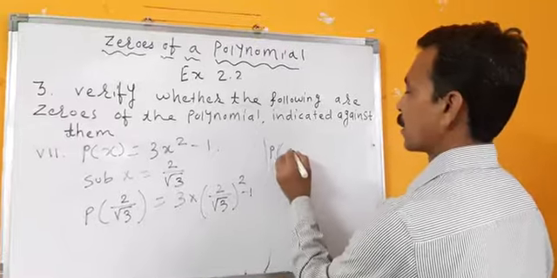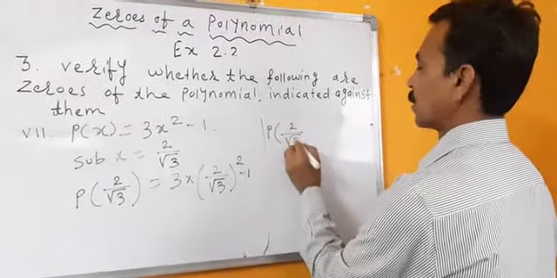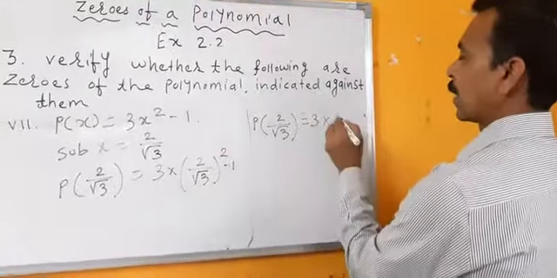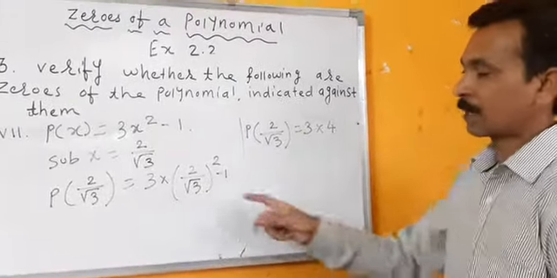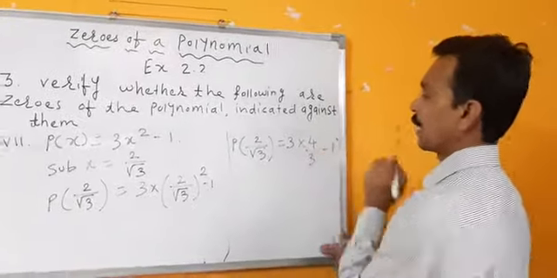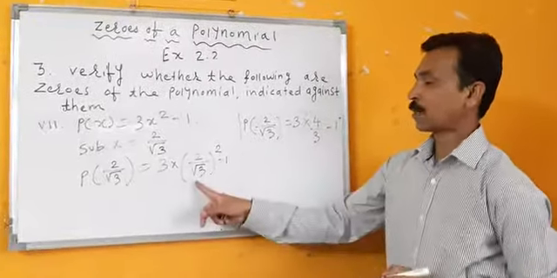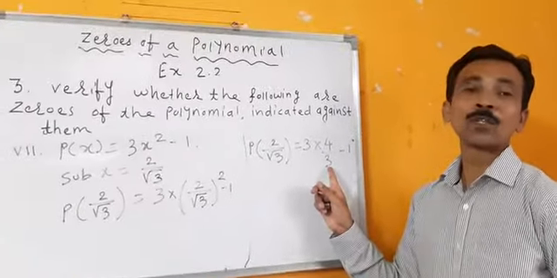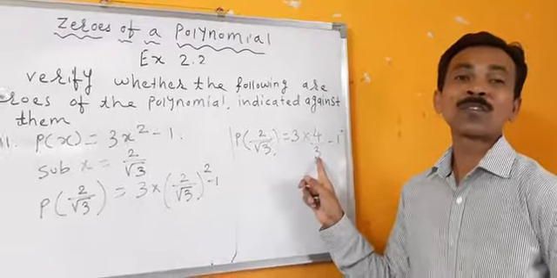So P of 2 by root 3 is equal to 3 into 2 square, which is 4, and root 3 square is 3, minus 1. Again I am telling you, the square of root 3 is 3 because root 3 into root 3 is the square root of 9, and the square root of 9 is 3.